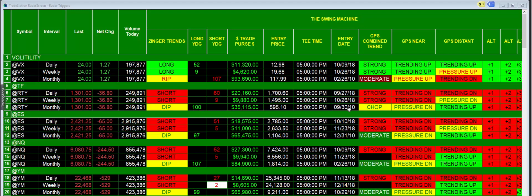Back on September 30th of 2010. The ES, this is still a long, it's a dip. It went long on December 31 of 2010. The NASDAQ went long on a monthly basis February 26th of 2010, and the Dow is October 29th of 2010.